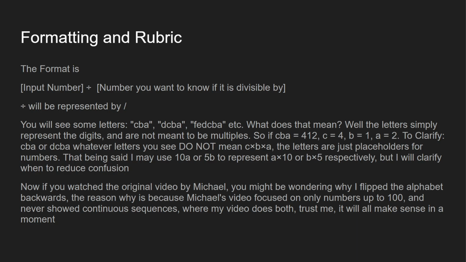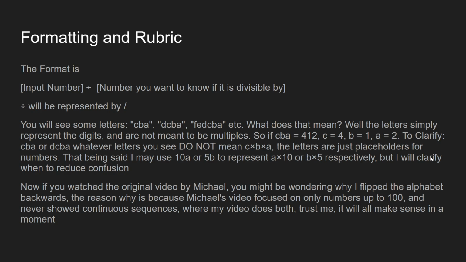If I wanted to extend the alphabet in the same direction, let's say I make A, B, C, D, E, for a number all the way up to the 10,000th digit, all of a sudden, A went from representing the hundreds place to representing the 10,000th place. And I don't want to deal with any of that.